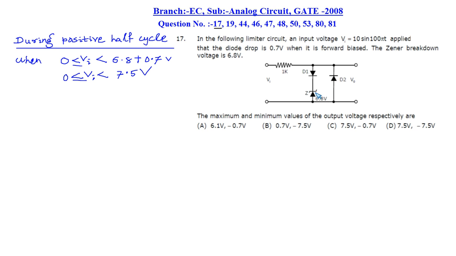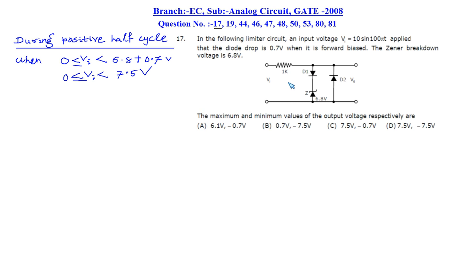Because the Zener diode has a breakdown voltage of 6.8 volt, and once the input voltage is greater than this, the diode will have a drop of 0.7 volt. So the total voltage needed so that the diode is forward biased and the Zener diode is in the breakdown region is 6.8 plus 0.7, that is 7.5 volt.